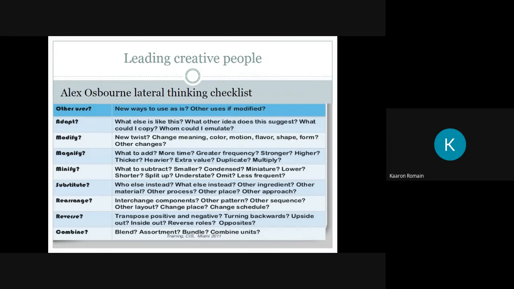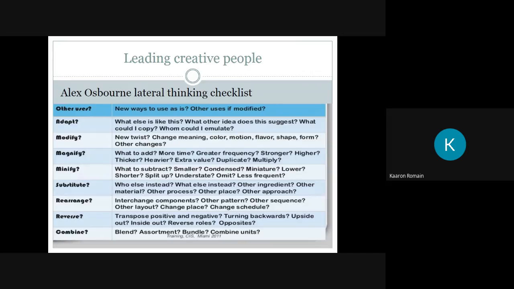On one side you have the verbs, on the other side you have the descriptions. Put to other uses: new ways to use as is, other uses if modified. Adapt: what else is like this? What other idea does this suggest? What could I copy? Whom could I emulate?